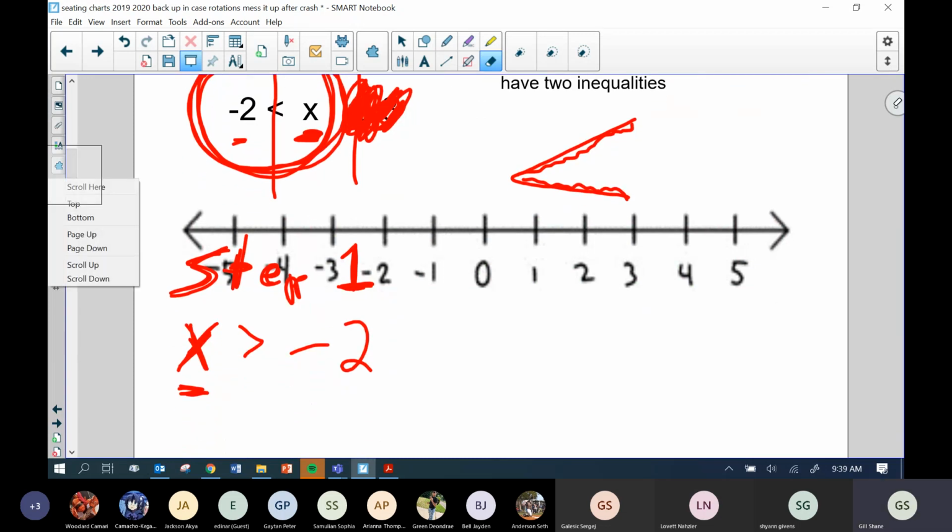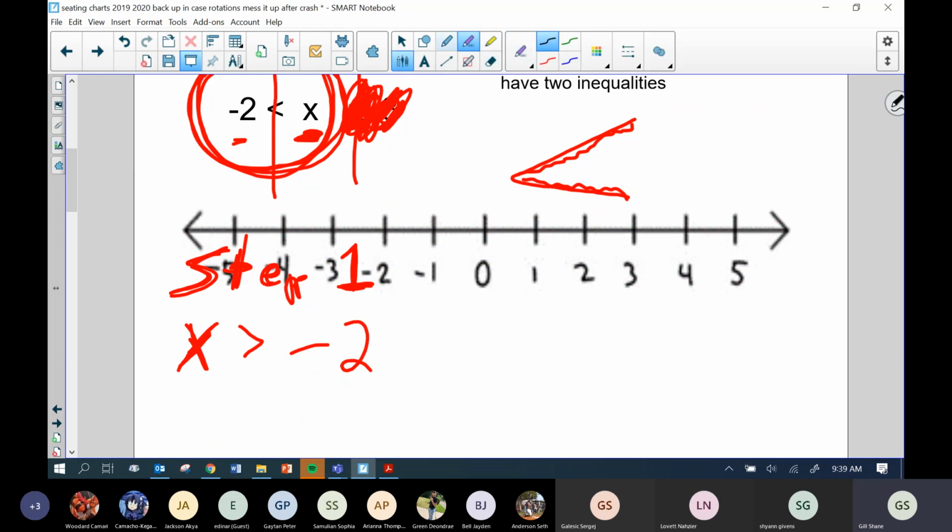So here's what you would write underneath this. I would say, so step 1, the x is what's in the middle, right? X was in the middle.